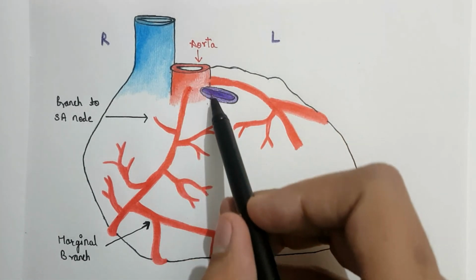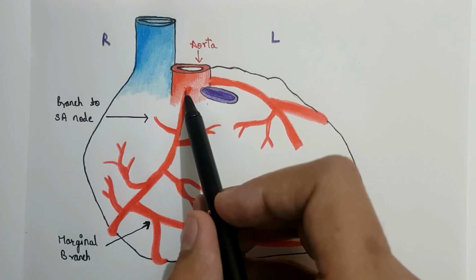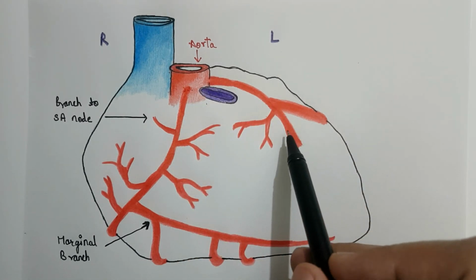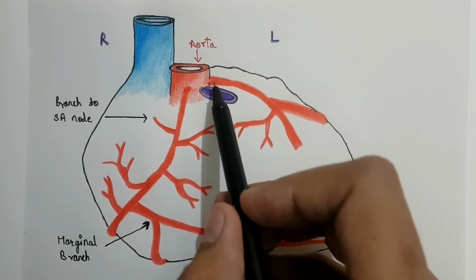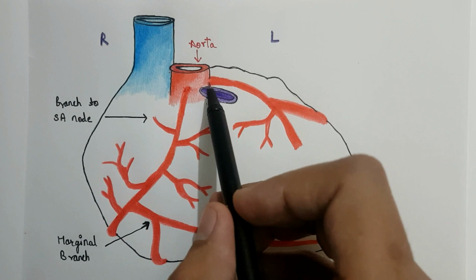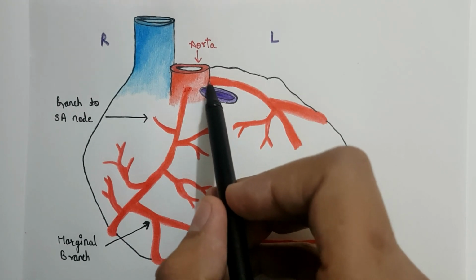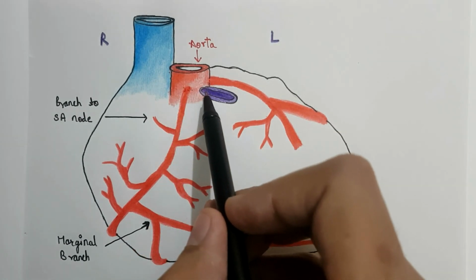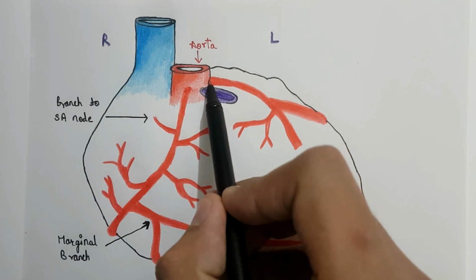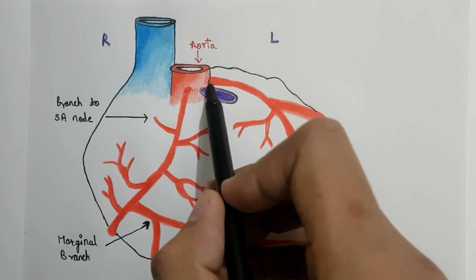This is the ascending aorta, this is the anterior aortic sinus. Whereas the left coronary artery, of which I have drawn a little part, originates from the left posterior aortic sinus of the ascending aorta. That is right here.